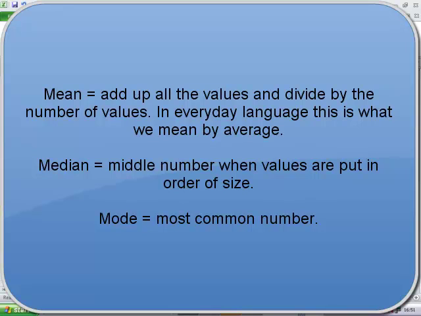The median is the middle number if we put all of the numbers in order of size. This is not going to be affected by particularly large or small values.